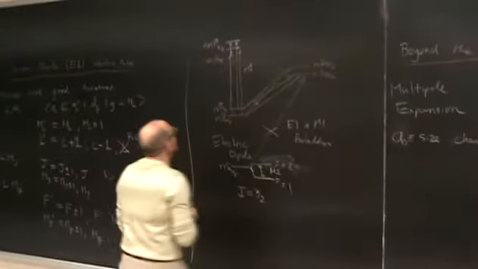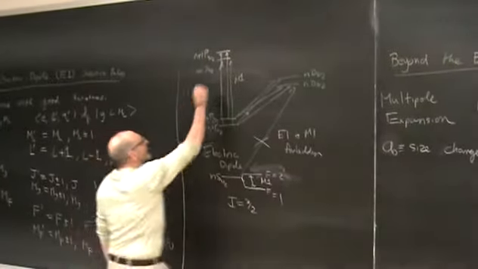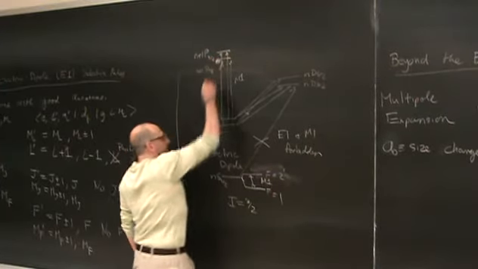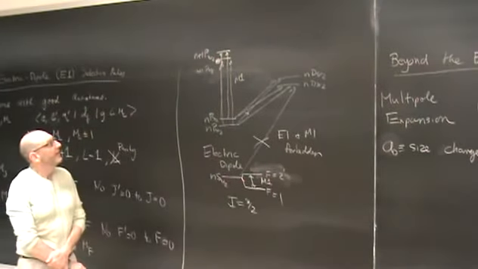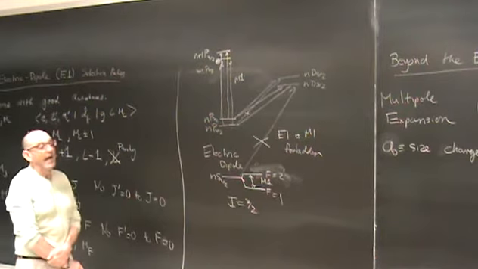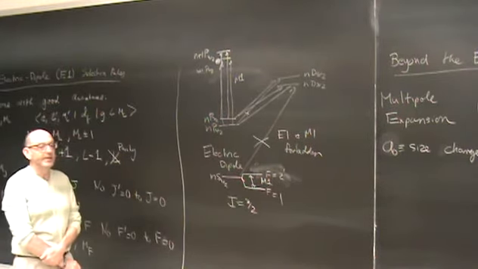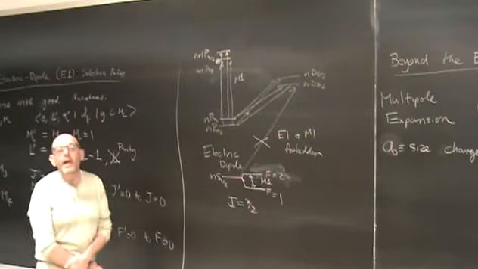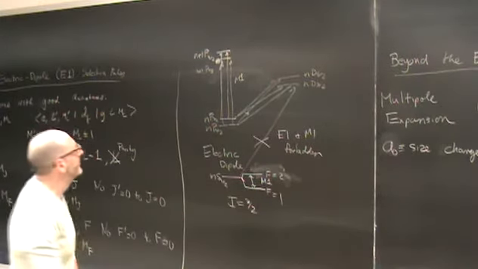suppose that somehow, some way, I prepared the atom in that state. It could spontaneously emit. There are many ways it can spontaneously emit.